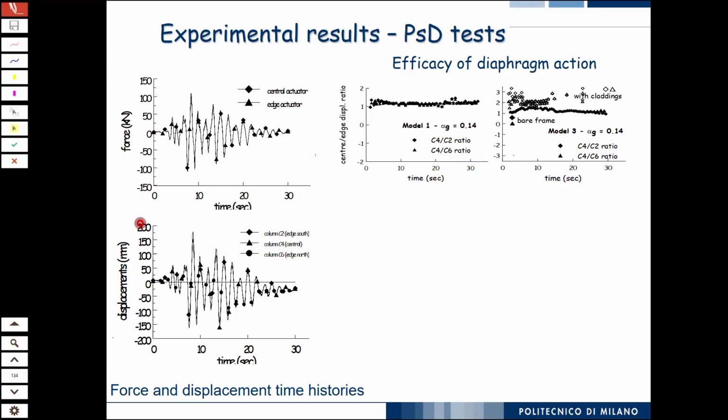So the claddings alter the diaphragm action because they act as very stiff elements. But then, after having performed the test with the panels at 0.14 G, you are still elastic. We removed them. So that was the huge cost, because a company had to come with a crane and first install them, and then we called them and said, take them out and put them in the yard.